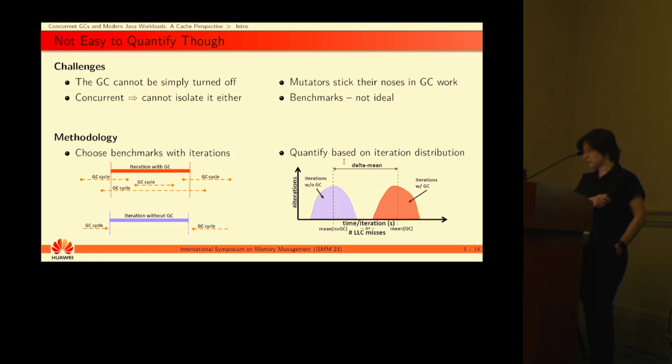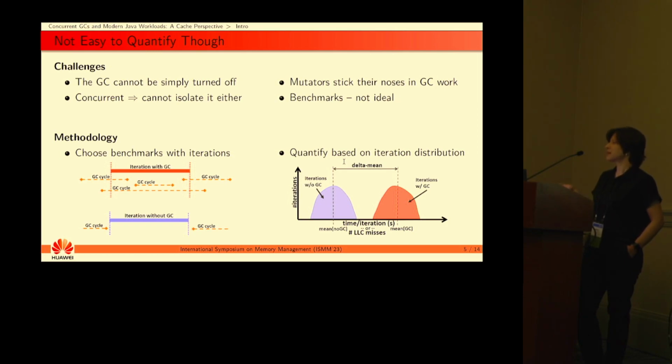And in order to quantify it with a simple single number, we used this delta mean, which is the distance between the two distributions. And we have distributions because the applications in the JVM have some variance when they're run. So you won't have one number for the iterations, you'll have distributions. So that was our methodology.